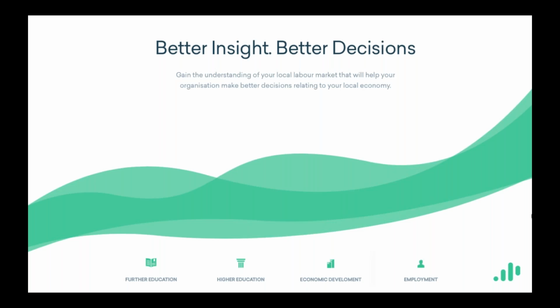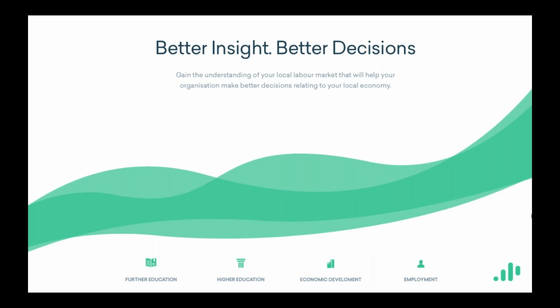Job postings data is big data, so it's not as robust as the annualized structural data, but if you use the structural data to point you in the right direction, the job postings data is very, very helpful in lifting the lid as to what's happening.